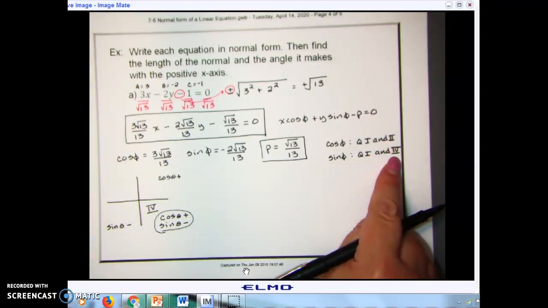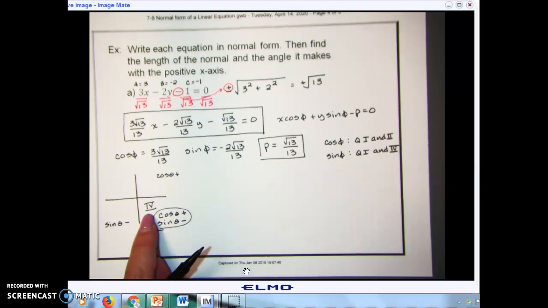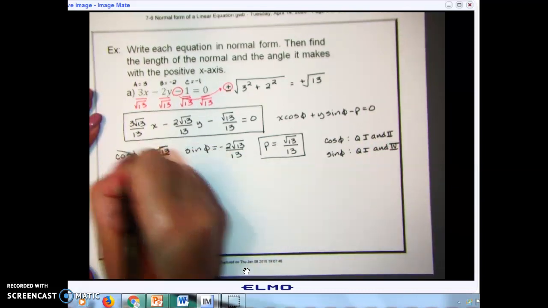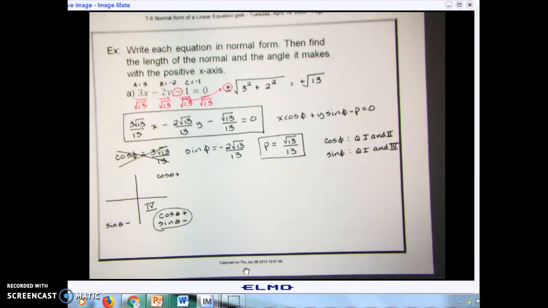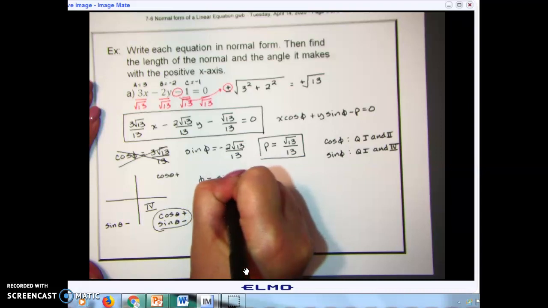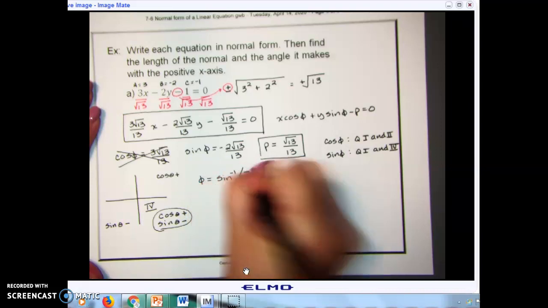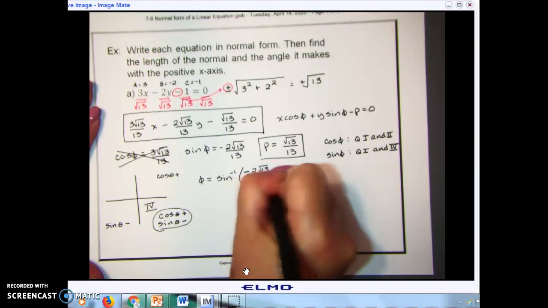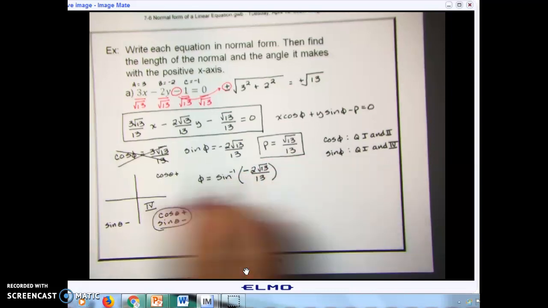And so do you see that in order to find the phi value, I have to use the function where it's defined. So since we're in quadrant 4, we're going to have to use the sine of phi. We can't use the cosine of phi. So we're going to say that phi is equal to the inverse sine of, and then don't forget that negative, so we get negative 2 root 13 over 13.